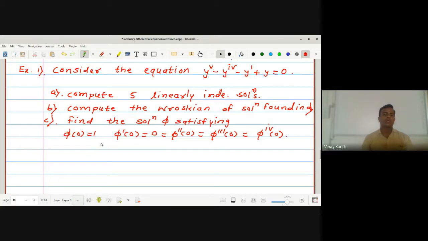Okay, we have to find these three. Do you understand the question? Okay, now solve the example.